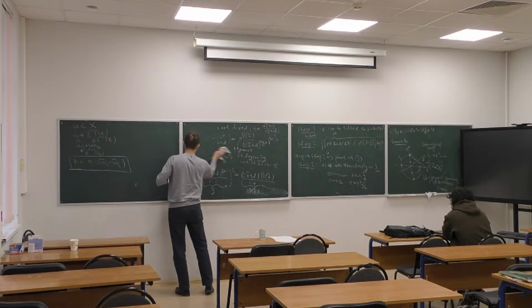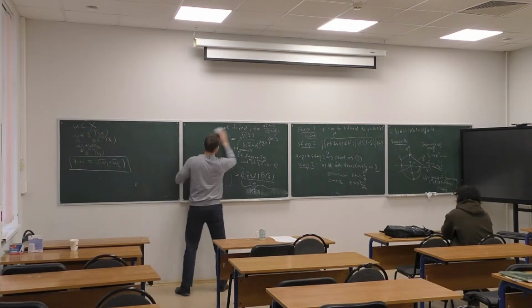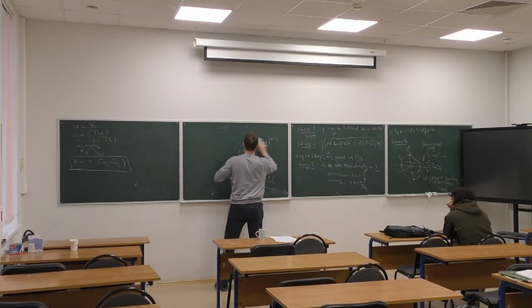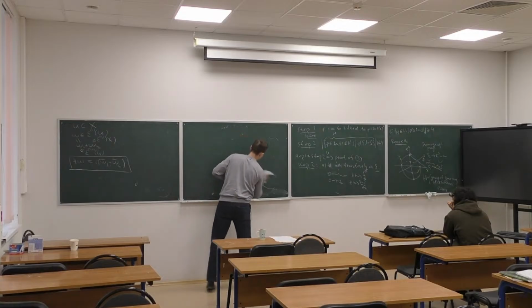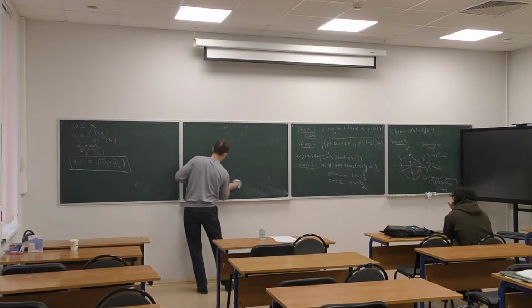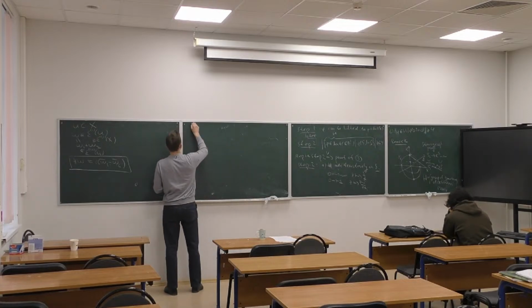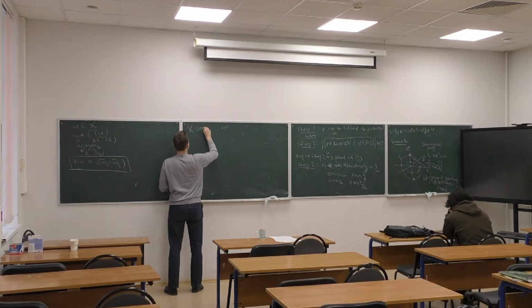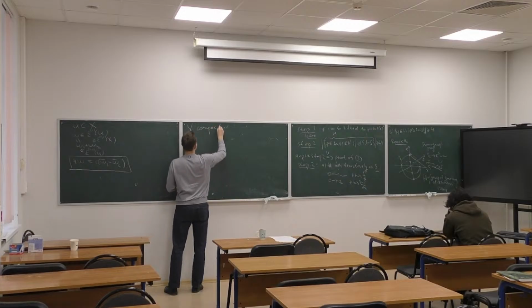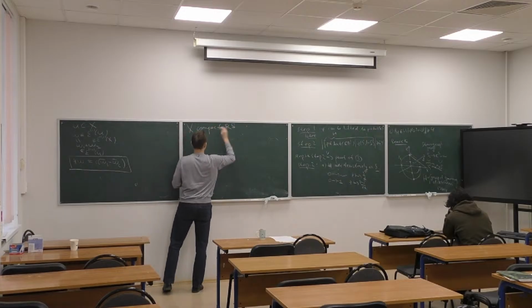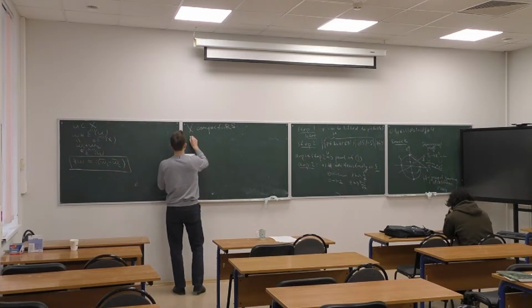And then we introduced the scalar product. Suppose now that X is compact, and we have two forms.